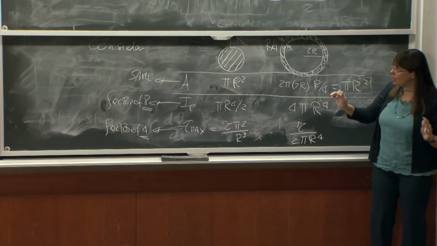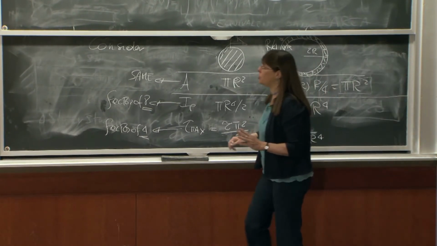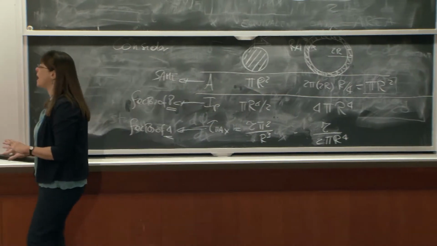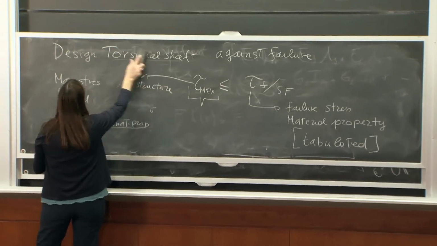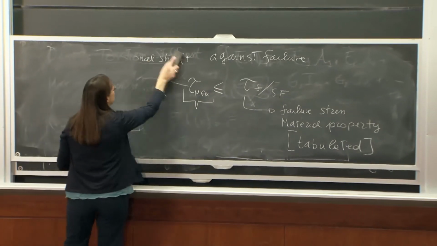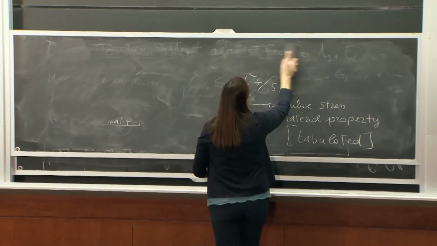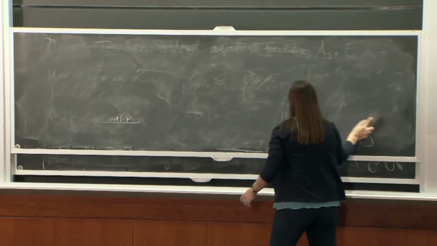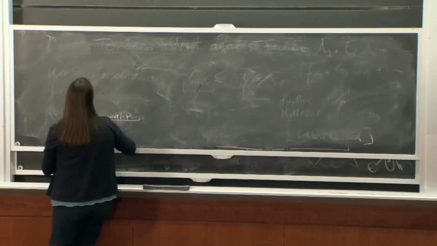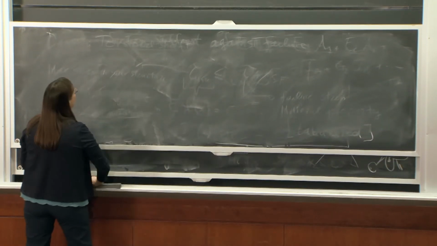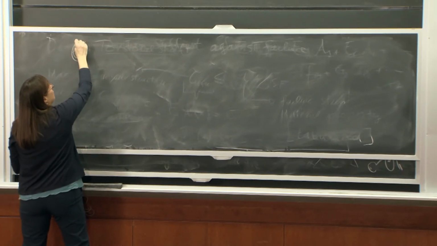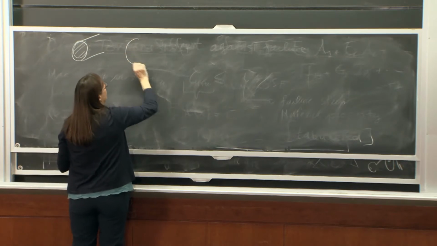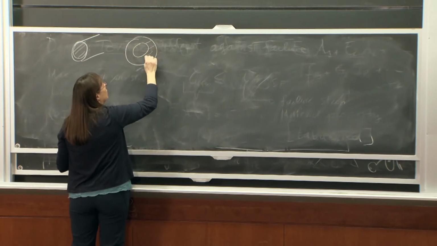So you're like, OK, this is fantastic. I know what I'm going to do. I'm going to be the best designer of shafts in torsion ever, right? Because I'm going to make it bigger and bigger and bigger, thinner and thinner and thinner. Instead of having this one, which is no good, I'm going to make this one, which is better.